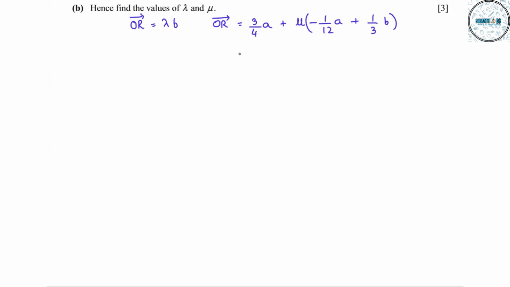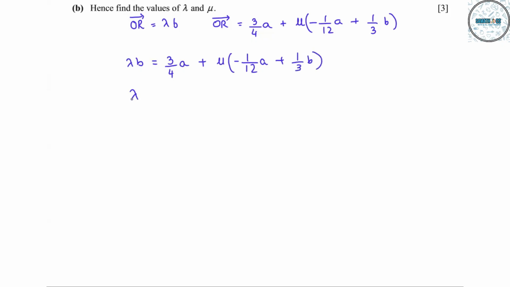As both are the values of OR, we can equate: lambda b is equal to 3 upon 4 a plus mu into minus 1 upon 12 a plus 1 upon 3 b.